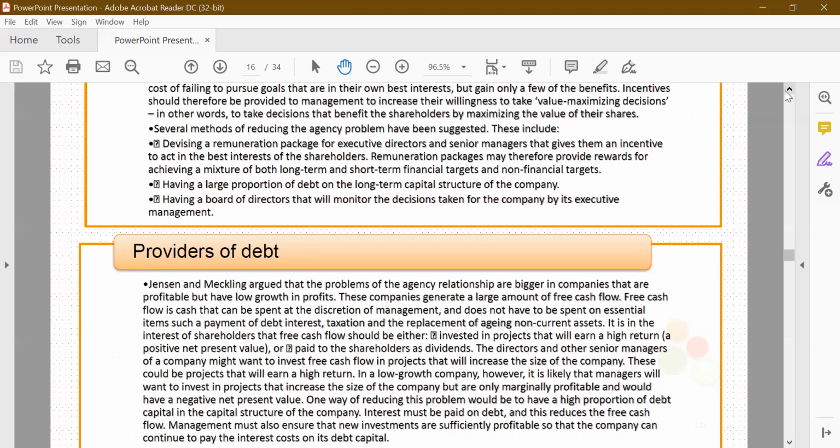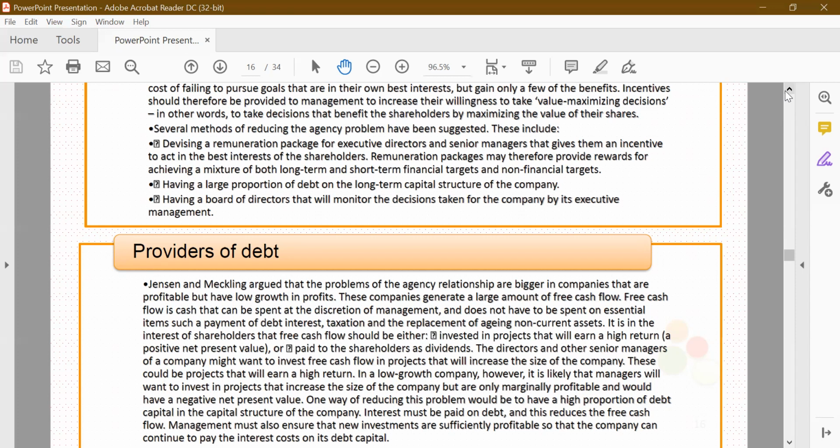These companies generate a large amount of free cash flow. What is free cash flow? Free cash flow is basically cash that can be spent at the discretion of management and does not have to be spent on essential items such as interest payments, etc.